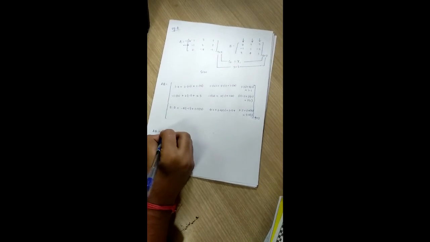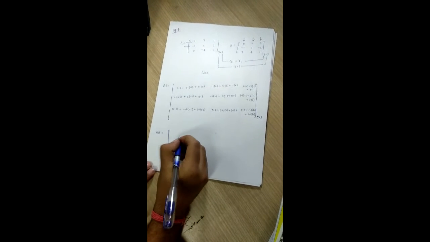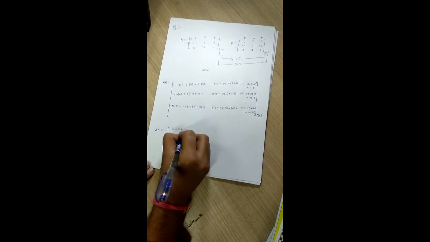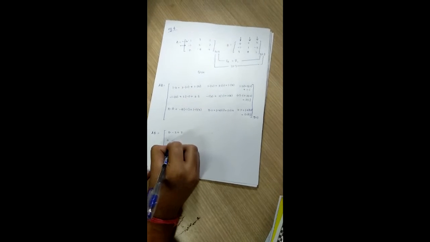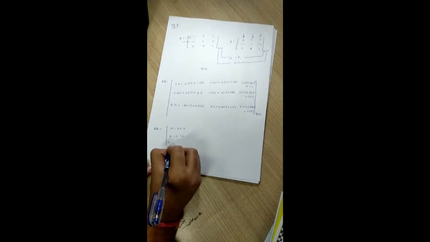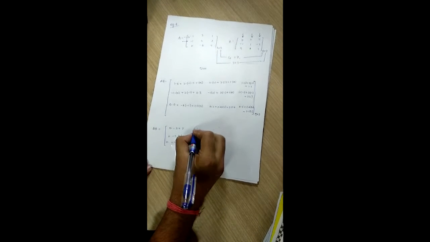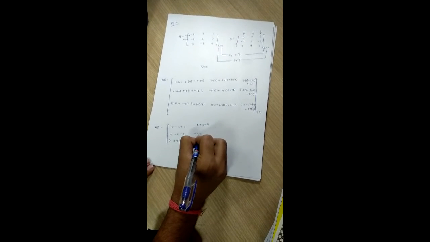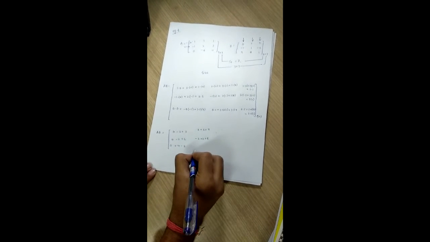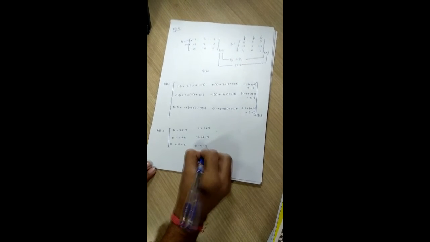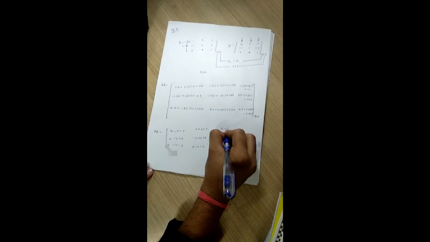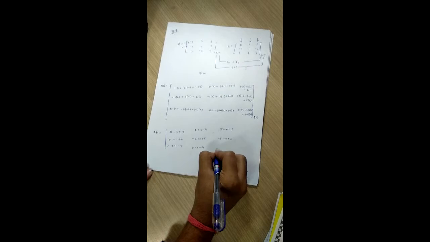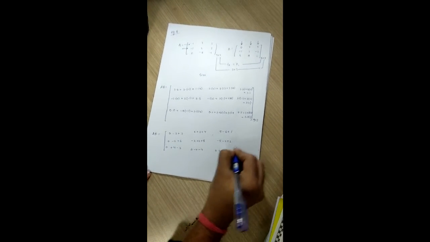Now we'll get, after calculation, 0 minus 3 plus 3, 0 minus 2 plus 6, 0 plus 4 minus 3. In the second column, 2 plus 3 plus 4, minus 2 plus 2 plus 8, 0 minus 4 minus 4, 5 minus 6 plus 1, minus 5 minus 4 plus 2, 0 plus 8 minus 1.